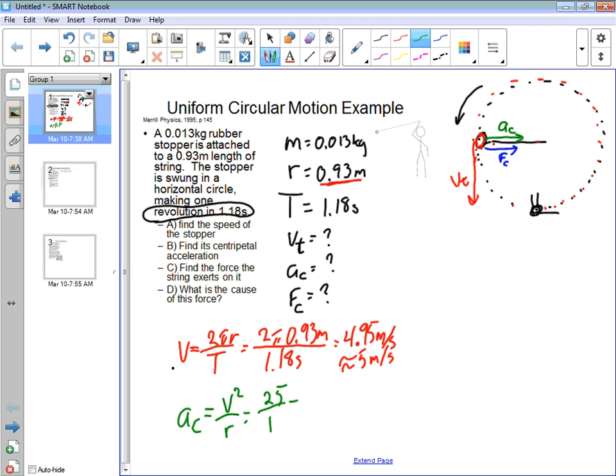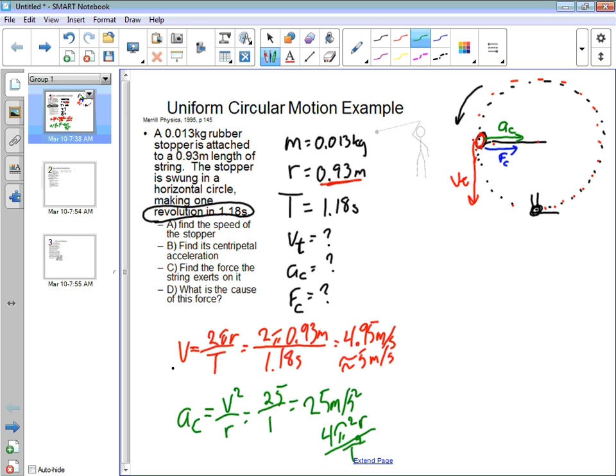It's not quite that, but it's going to be about 25 meters per second squared. If I do the actual calculation though, I could use this one, or I could use the more basic equation, 4 pi squared r divided by T squared. That would also get me the same information.